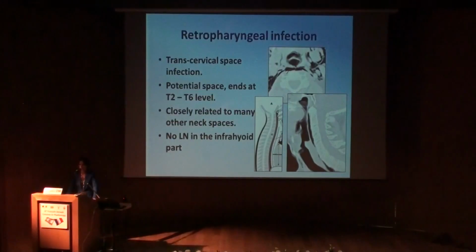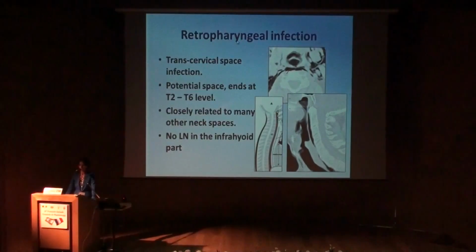We move on to the retropharyngeal region, which can be a site of spread of the peritonsillar abscess. We skip the parapharyngeal region, which can also be affected by peritonsillar abscess.